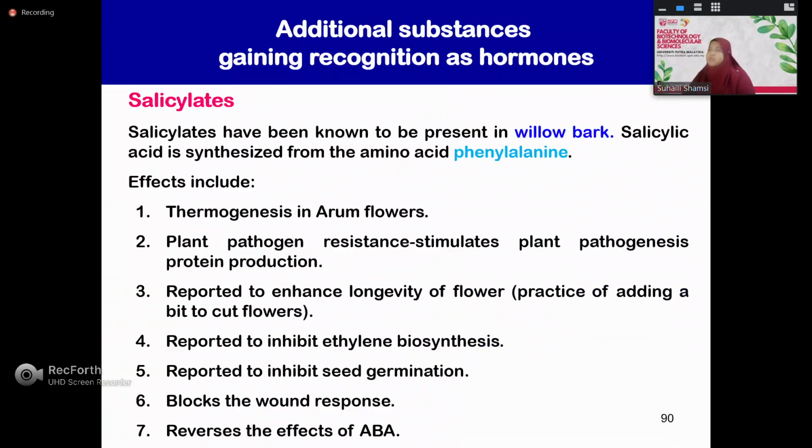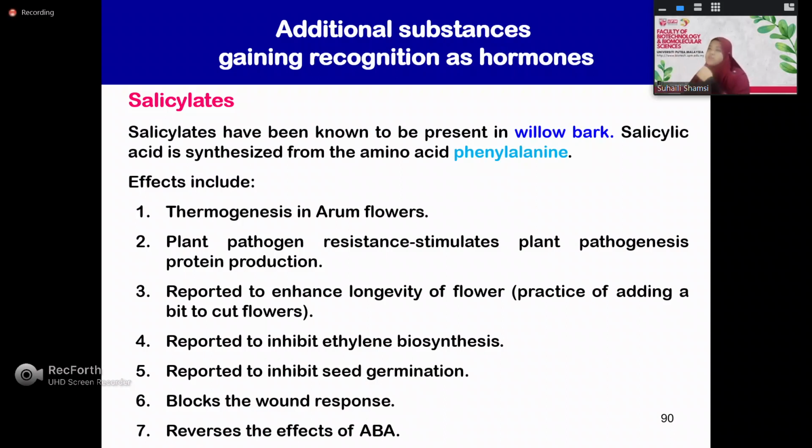And we have salicylate, which comes from the word salicylic acid. Salicylates have been known to be present in willow bark. Salicylic acid is synthesized from the amino acid phenylalanine. If you always buy toiletries or wash products, you can have a look at the ingredients, and one of them that we always find is salicylic acid.